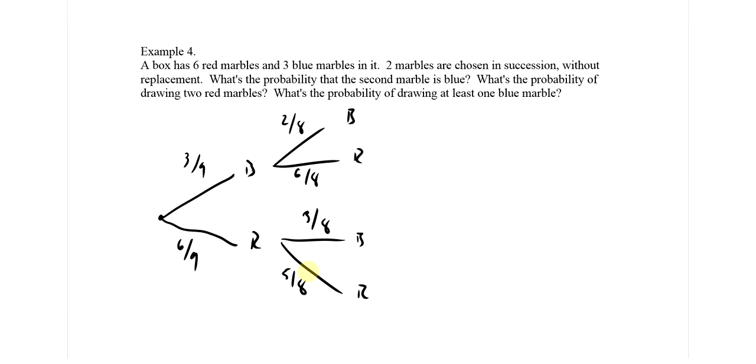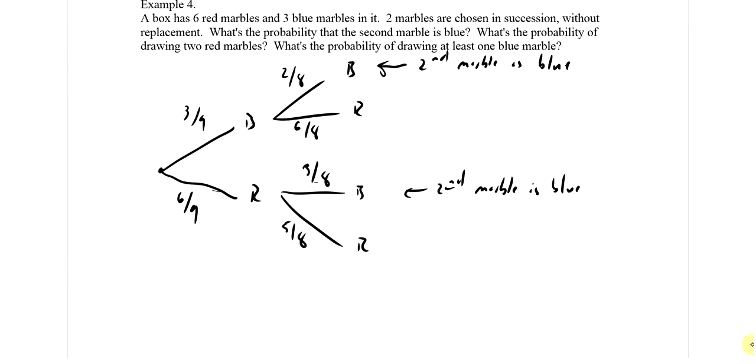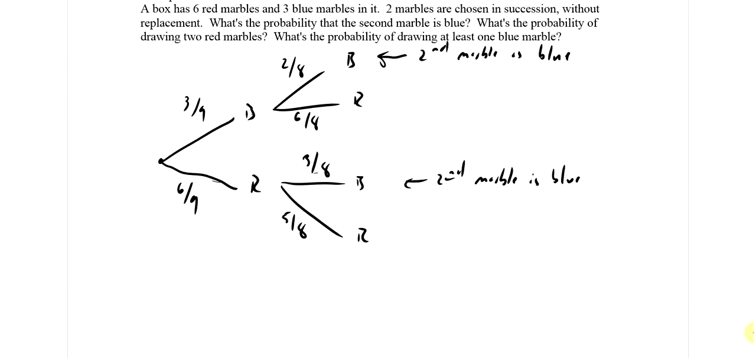Probability that the second marble is blue, well, that would be this or that. Right? So you can choose blue and then blue, or red and then blue, and that will give you the ways to get a blue marble.